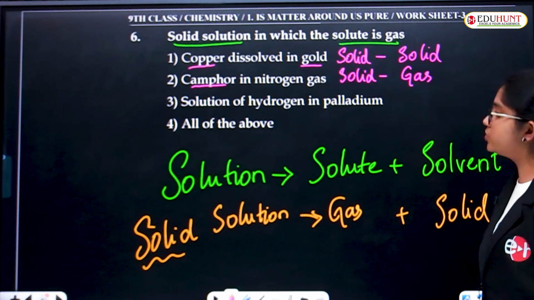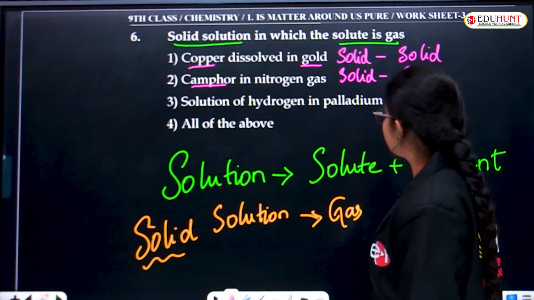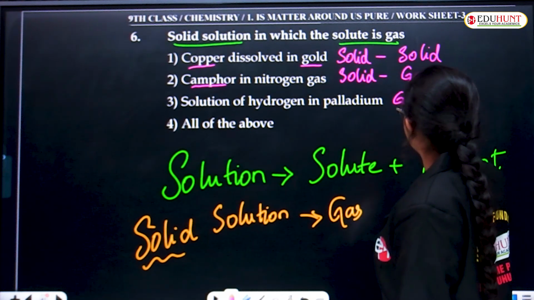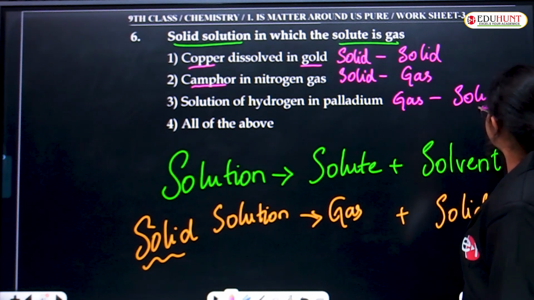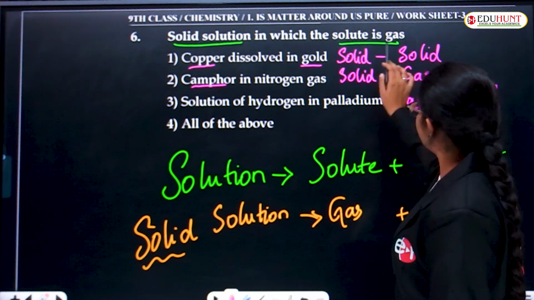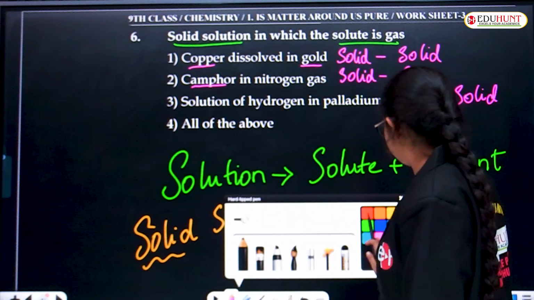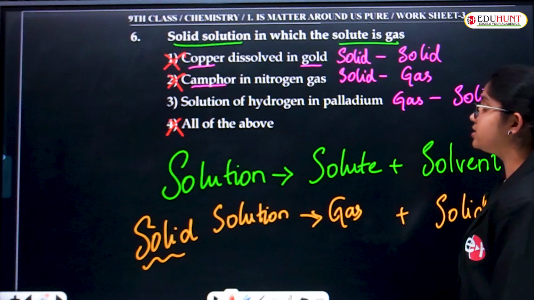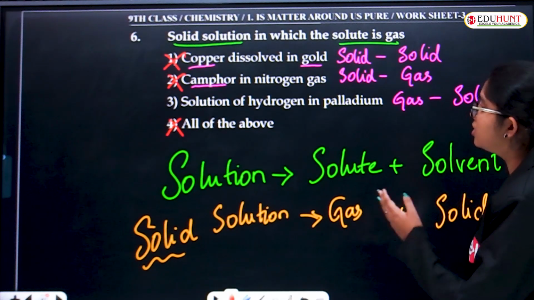Okay, now option 3, solution of hydrogen and palladium. Okay, hydrogen is a gas, palladium is a solid. Here we have solid and gas. Solid and solid, these two options are eliminated. All of the above is not possible. What is the leftover option, children? 3, which is solution of hydrogen palladium.